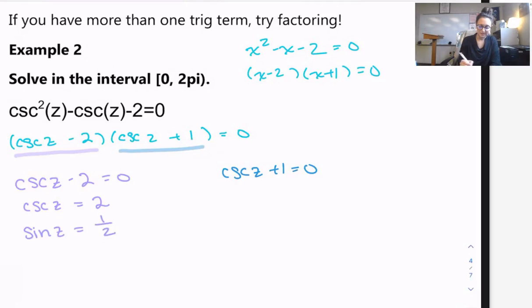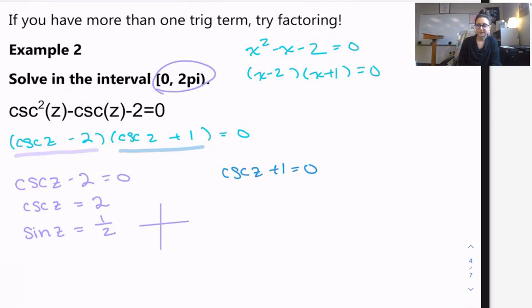So now let's decide what z is there. So what's my angle? And notice, lucky us, we are restricted to one lap around the unit circle, okay? All right, so if sine is supposed to be 1/2, positive 1/2, what quadrants are we in? We're in quadrants 1 and 2 for sine to be 1/2, again, positive.